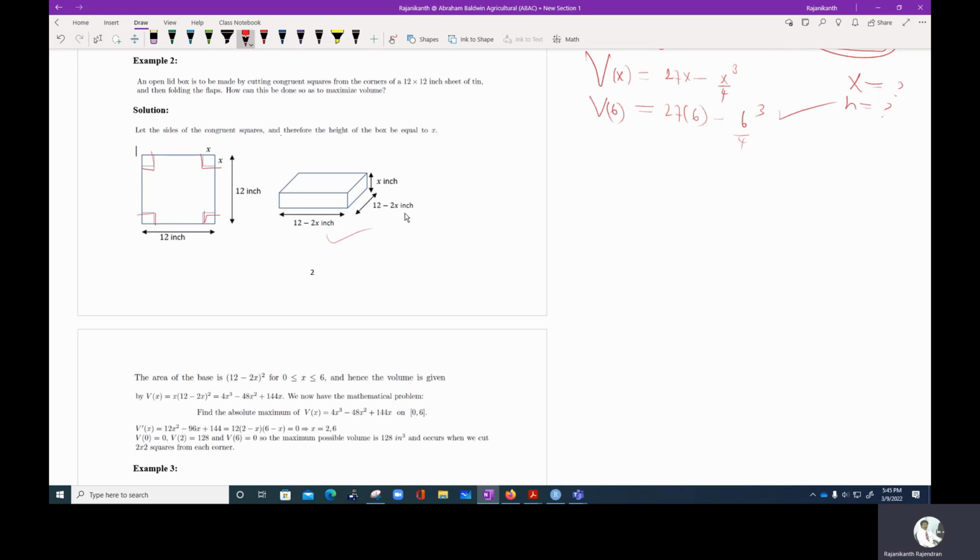The question is, how can this be done to maximize the volume? Again, they're asking you to maximize the volume. In order to get that, what will be your x, the dimension where you are cutting and throwing away from each corner? So again, the same procedure like earlier: use the volume function, find the critical value where the function gets its max. So those are the values you have to find out.